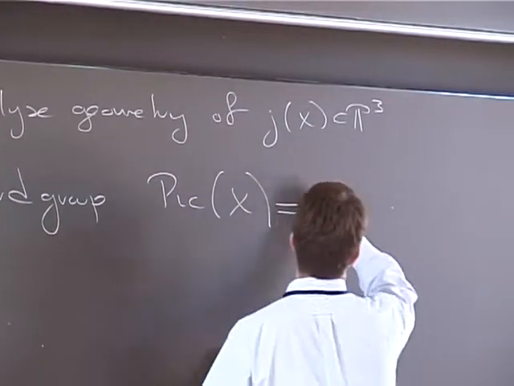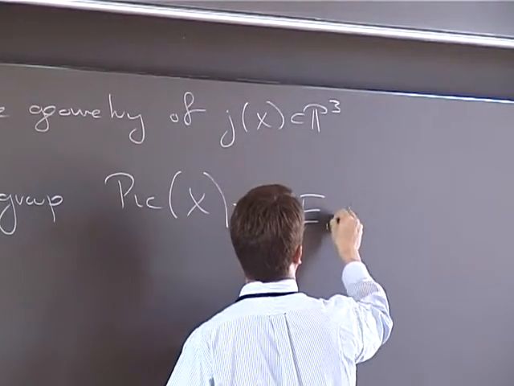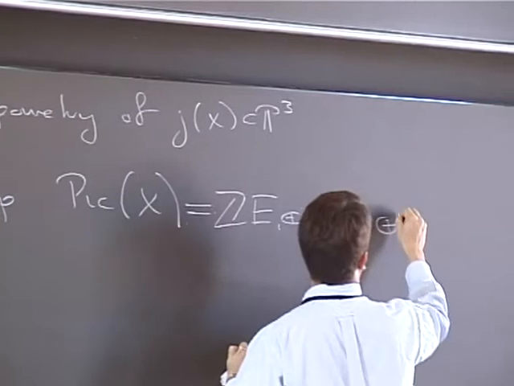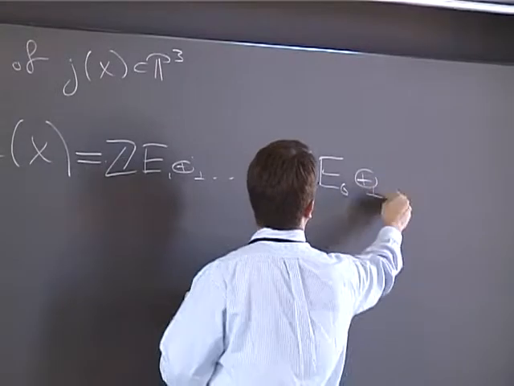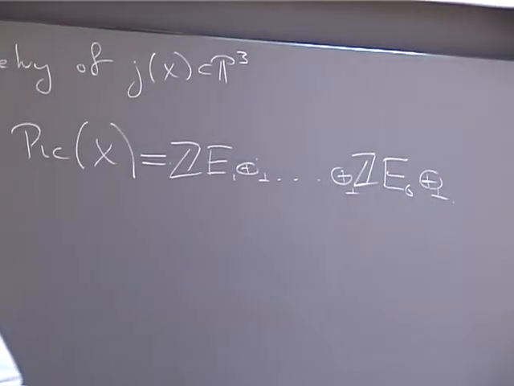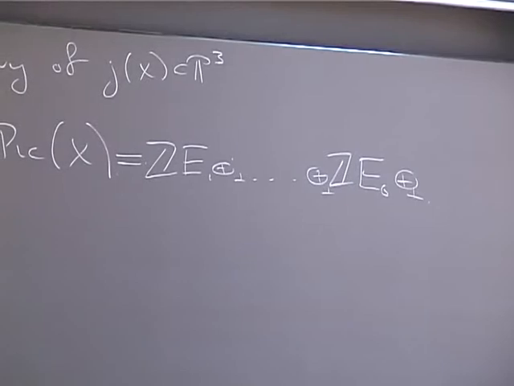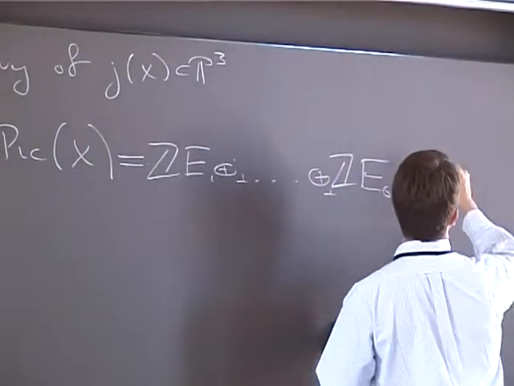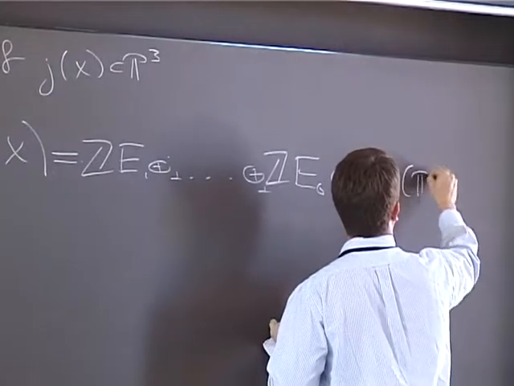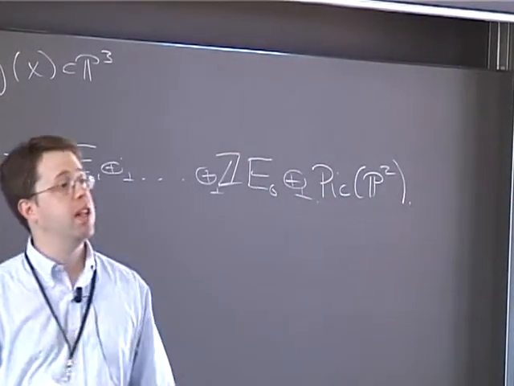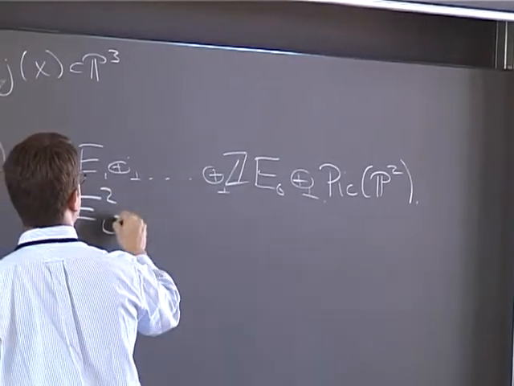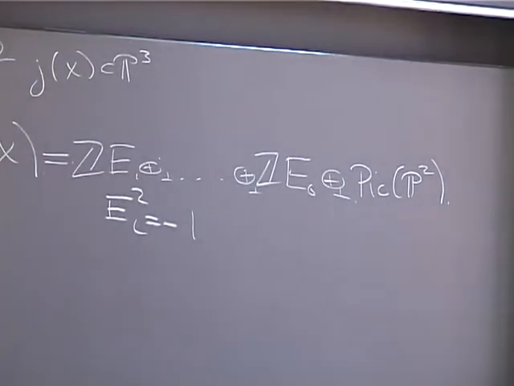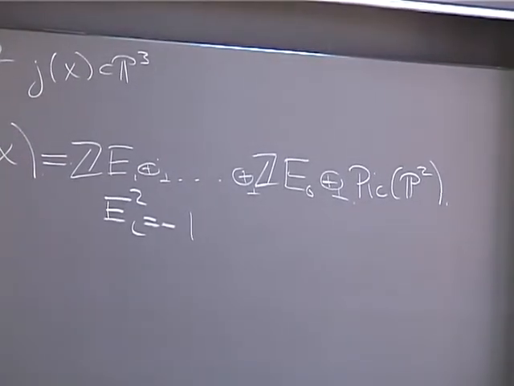So we have that this is an orthogonal direct sum of rank 1 lattices corresponding to each of the exceptional divisors, along with the Picard group of the thing that we blew up. So here we have that the self-intersection of each of these factors is equal to -1.